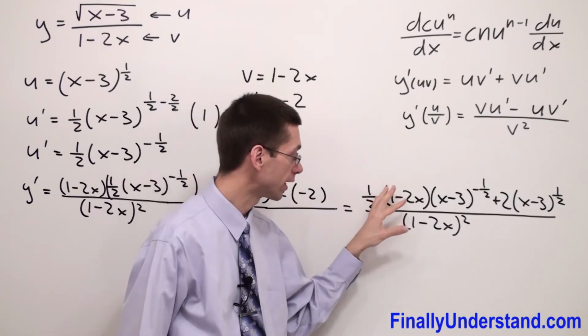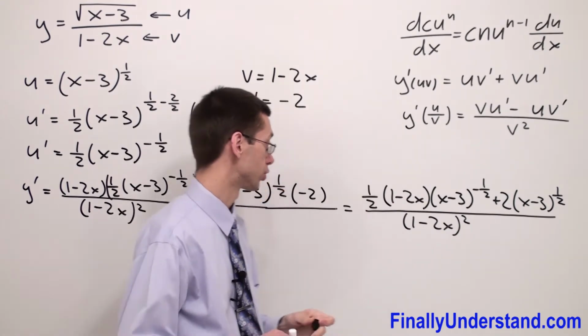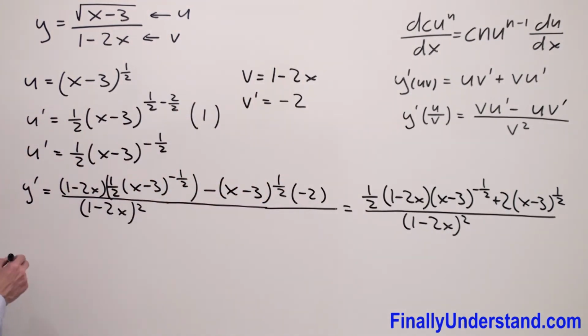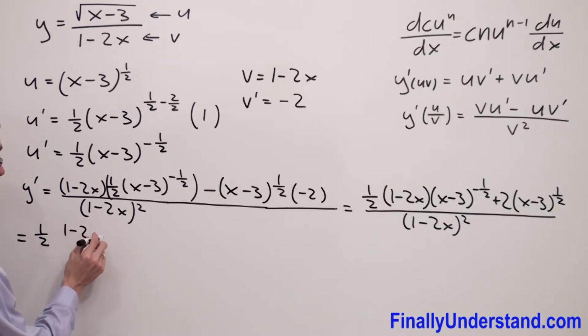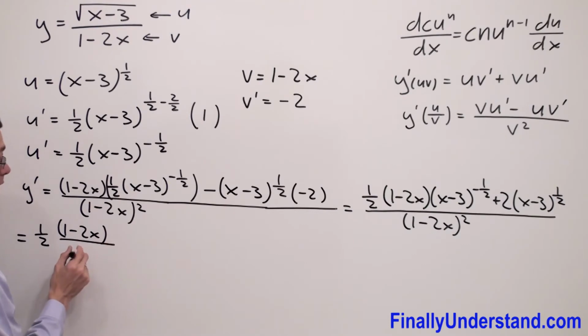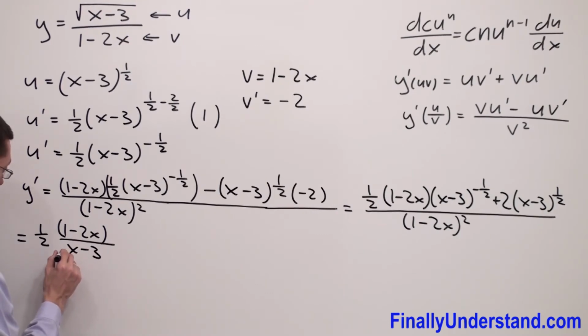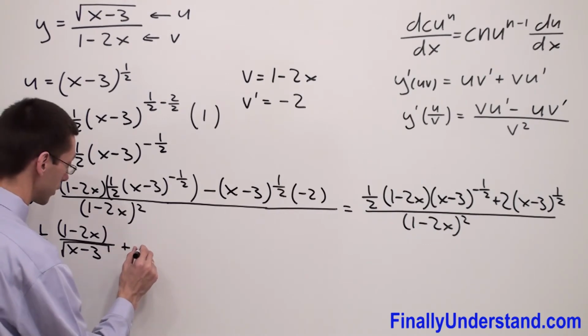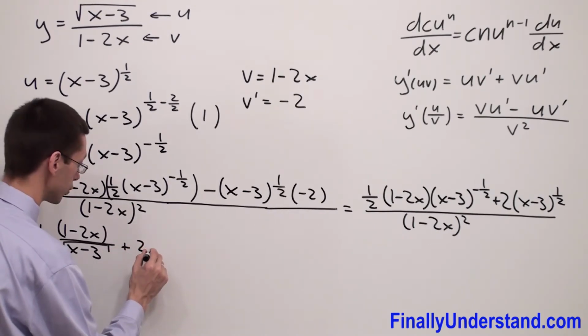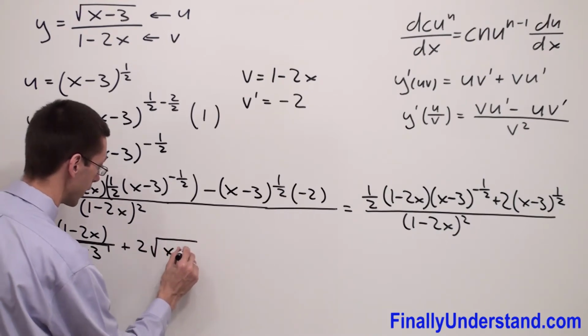Now we're supposed to organize the numerator a little bit more. So what I'm going to do, I'm going to simply write that this is equal to 1/2, and I have 1 minus 2x over x minus 3, and this time I'm going to use the square root, plus 2 times the square root of x minus 3.